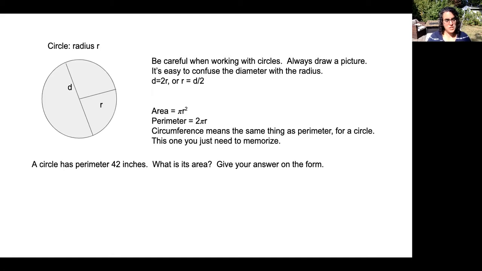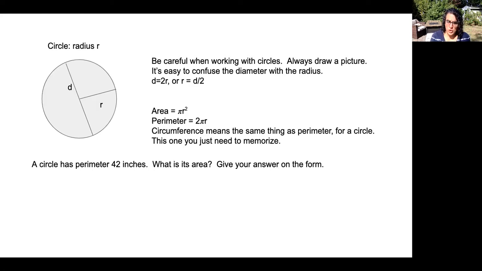I might say that the distance across my tire is 26 inches. And if you're not thinking carefully about that, you could just assume it's the radius. So I really encourage you to draw a picture. If you draw a picture, you'll see that that number is the diameter. The diameter is twice the radius. It's the distance from one side to another going through the center. So the radius would be half of the diameter.